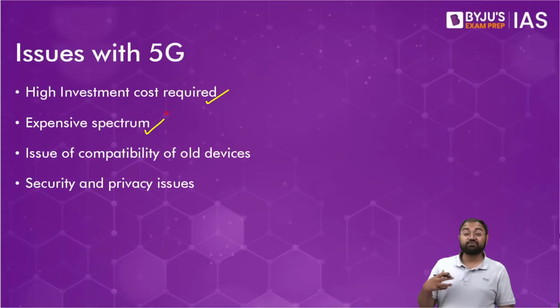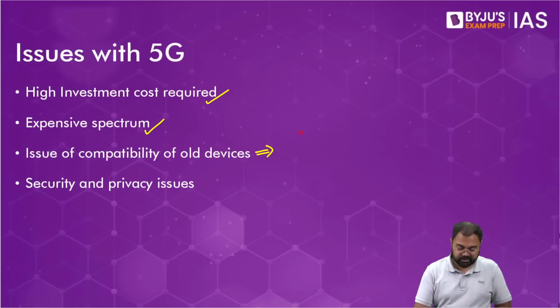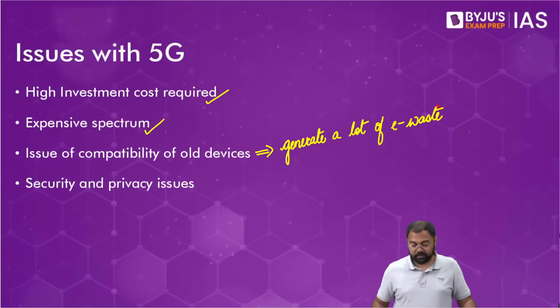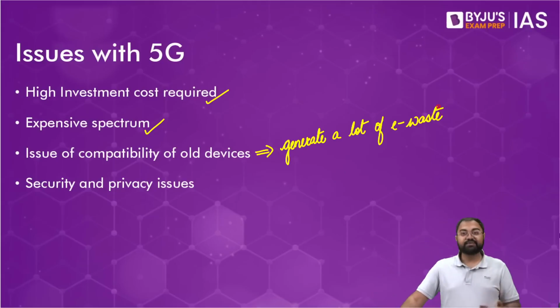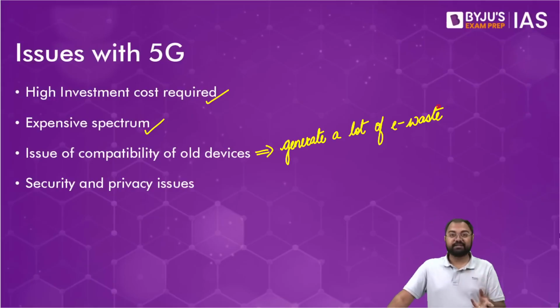And if somebody wants to use 5G, they'll probably have to go and buy a new device, which is not ideal, because this also means that you generate a lot of e-waste, a lot of electronic waste, because older devices are not compatible. Anyone who wants to now switch to better networks or 5G networks will have to buy a new phone, and that will be a big problem.